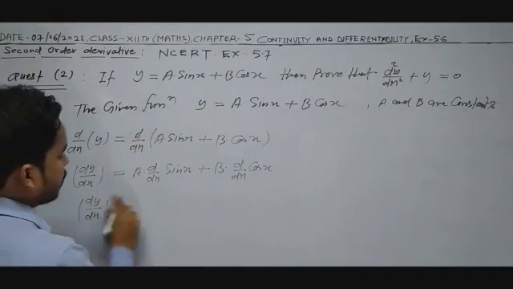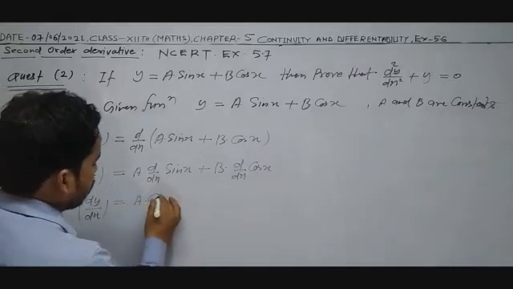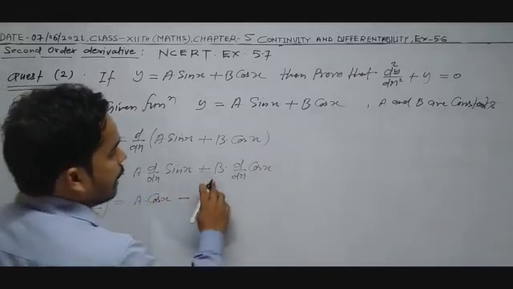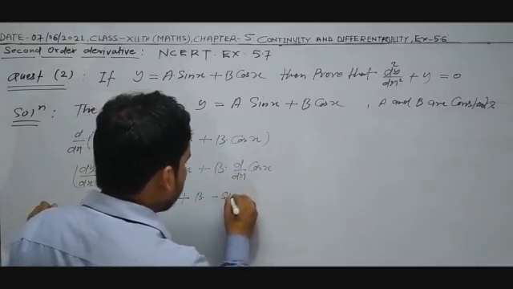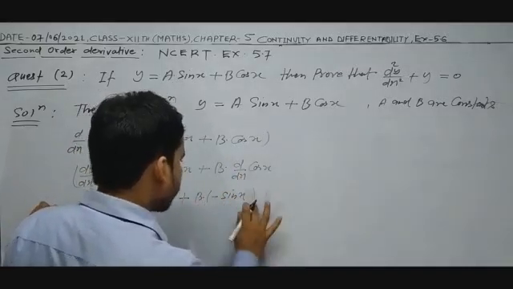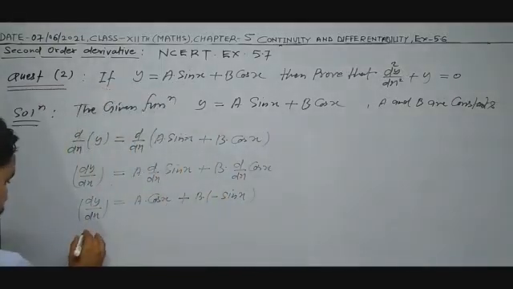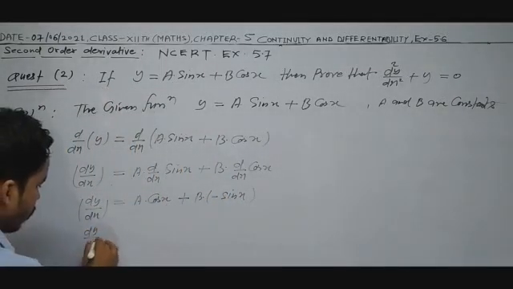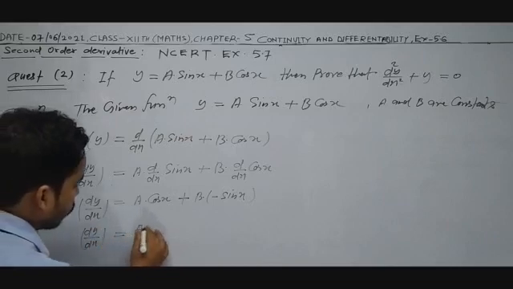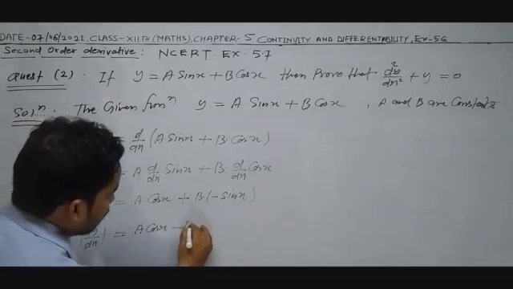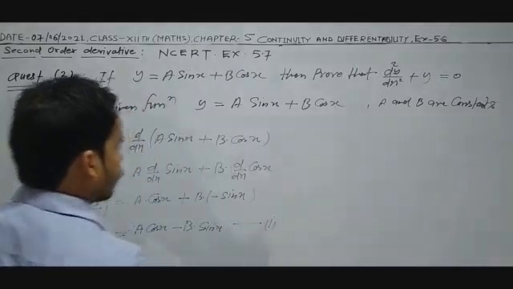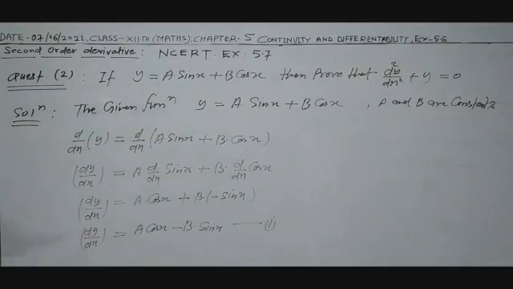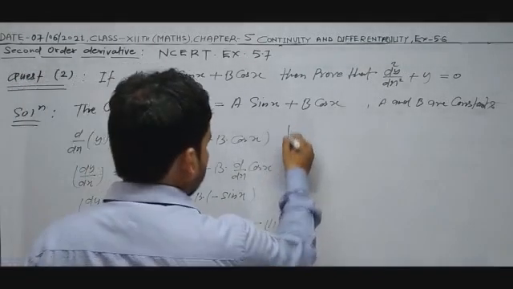So dy by dx is equal to a times cos x plus b times d by dx of cos x, and the result is minus sin x. So the expression will be dy by dx is equal to a times cos x minus b times sin x. Consider this equation 1. Now again differentiate equation 1.